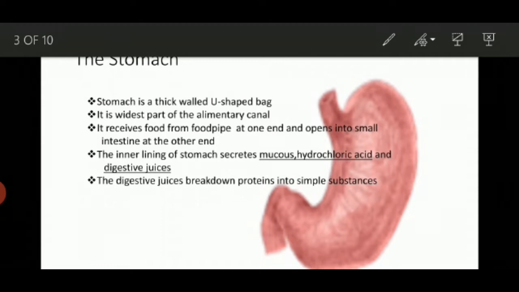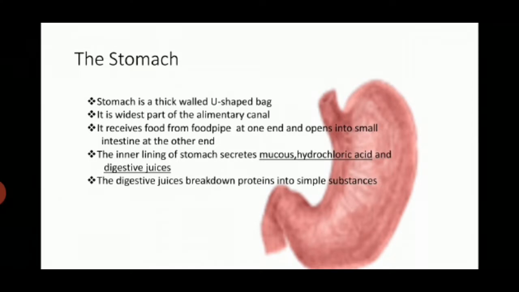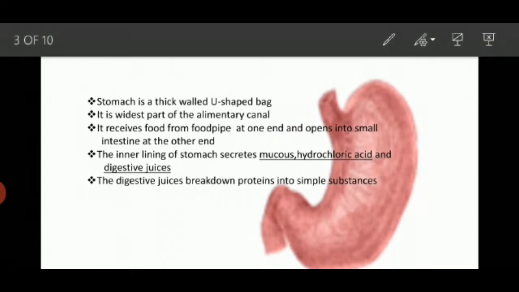The lower ending opens up into the small intestine. Now, a very important thing: the inner lining of the stomach, I have already underlined, secretes what? Mucus, hydrochloric acid and digestive juices. Just pay attention. These are three important functions, and you need to know all three.